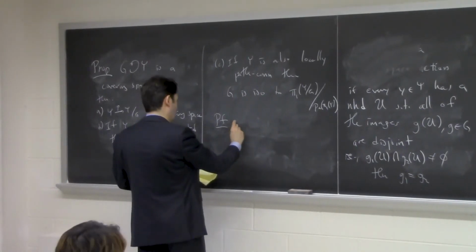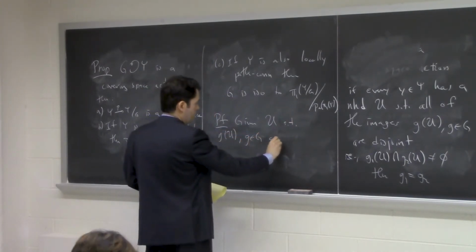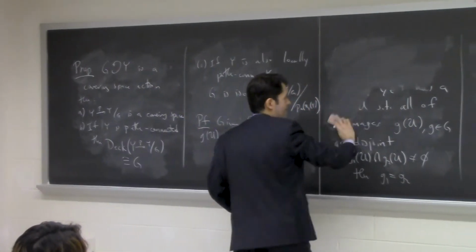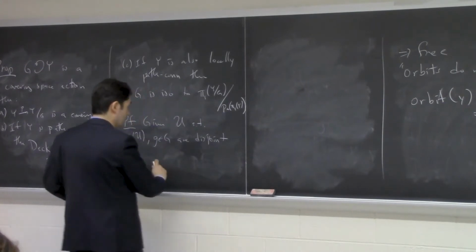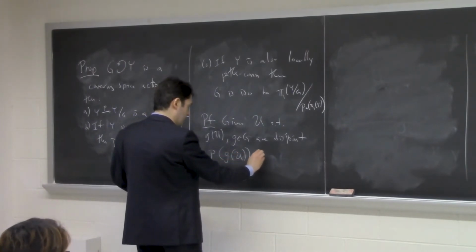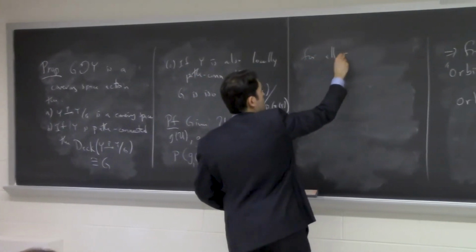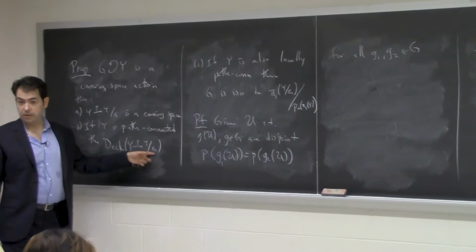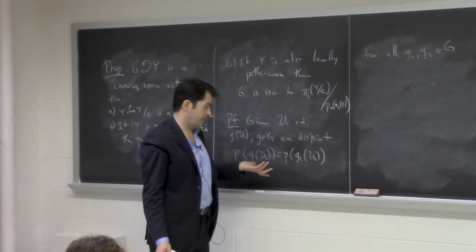So given U such that the G of U, for G in G, are disjoint, P identifies, let's say, P of G of U is the same for all elements of G. So the image is the same in this quotient space, because things are identified in this quotient space if they differ by the action of the group.